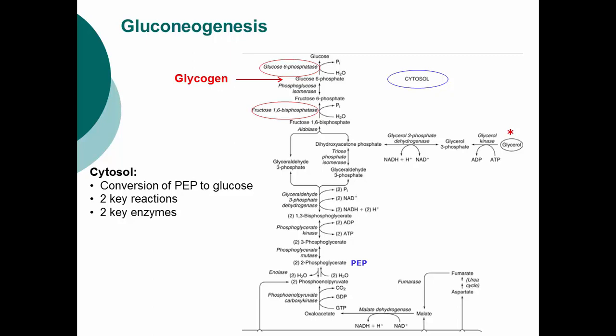So some enzymes have overlapping functions. This is one example. Glucose 6-phosphatase can catalyze this reaction. So this reaction can occur in gluconeogenesis and also in the glycogen breakdown pathway, right? So, any questions? Right?